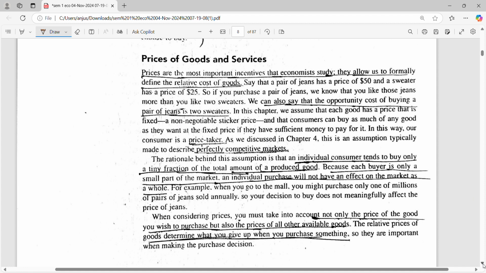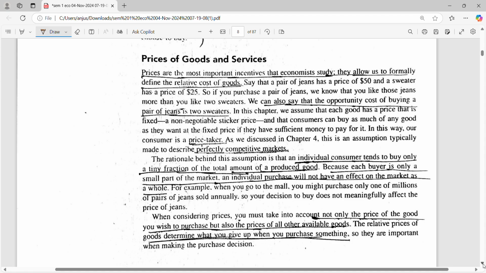Prices are the important incentives that economists study. They allow us to formally define the relative cost of goods. In this example, we got to know that the opportunity cost of buying a pair of jeans is 2 sweaters. In a perfectly competitive market, the consumer is a price taker.